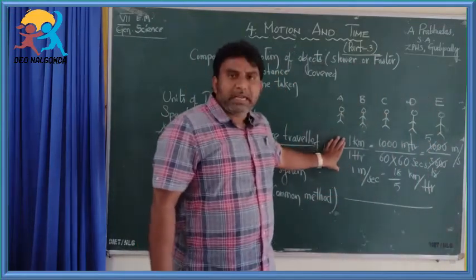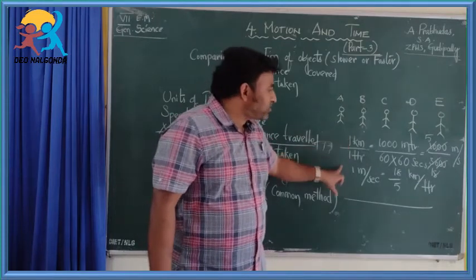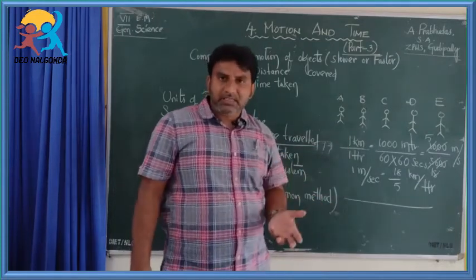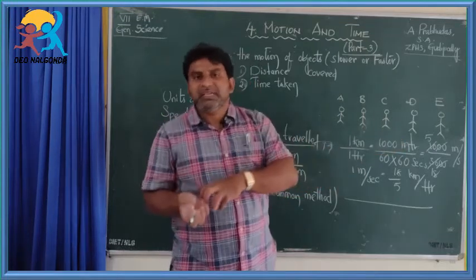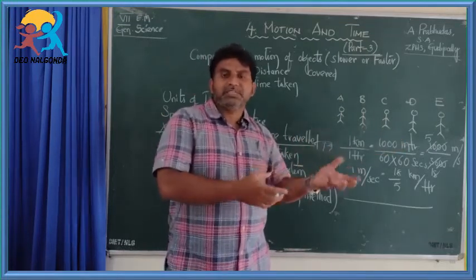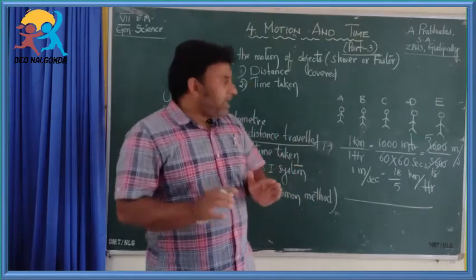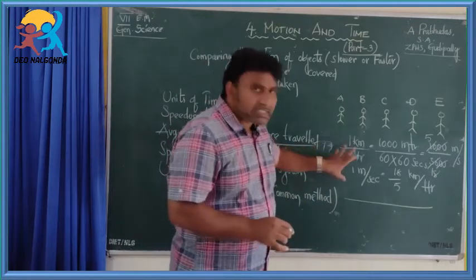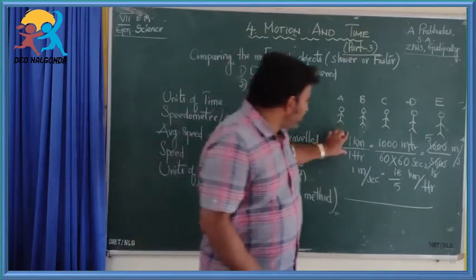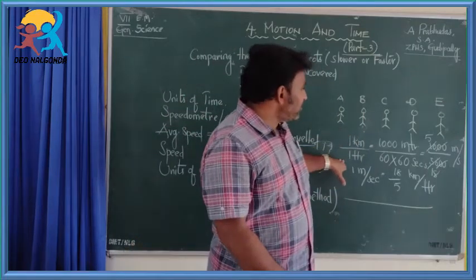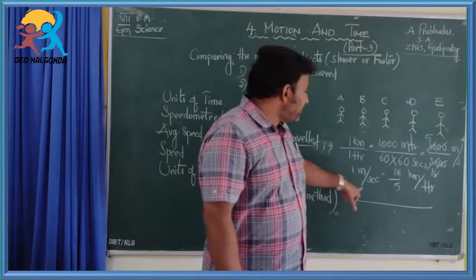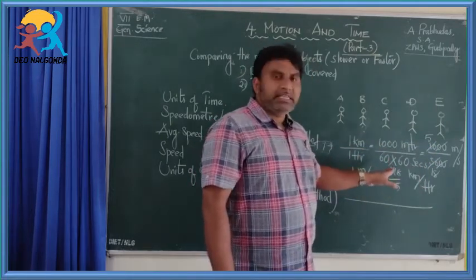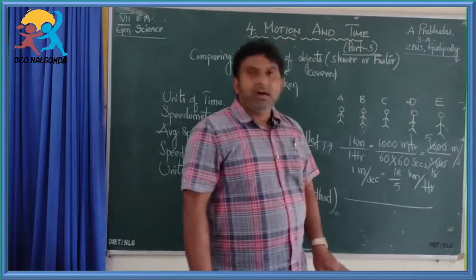If you understand the relationship between these two units, you can convert kilometers per hour into meters per second or meters per second into kilometers per hour. You have to understand this relation. 1 kilometer per hour is equal to 5 by 18 meters per second, or 1 meter per second is equal to 18 by 5 kilometers per hour.